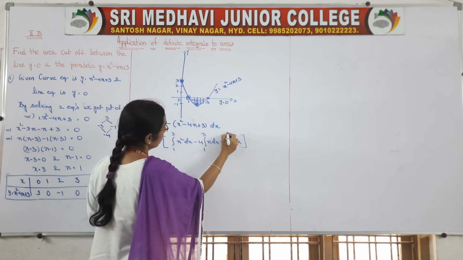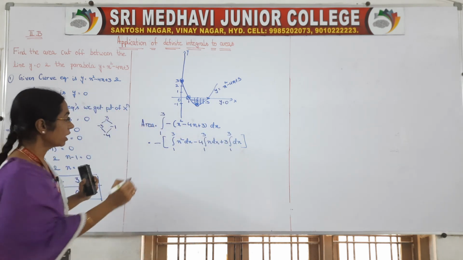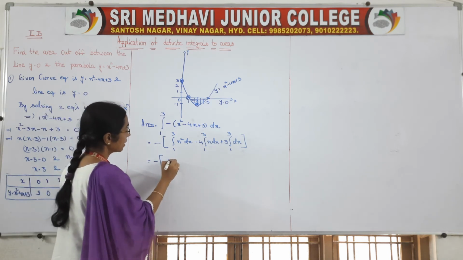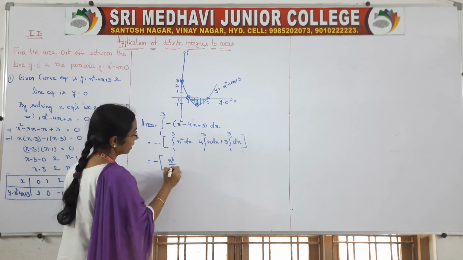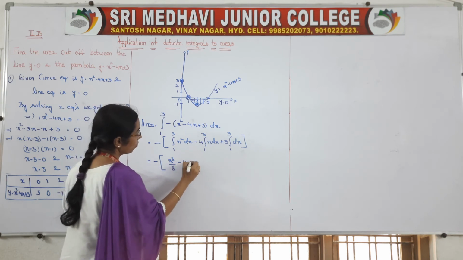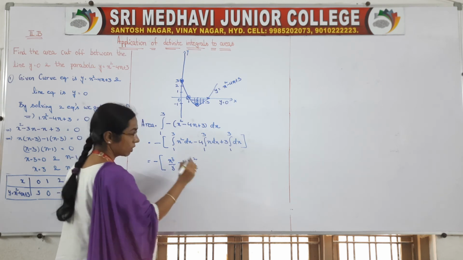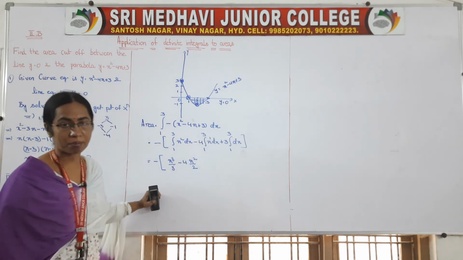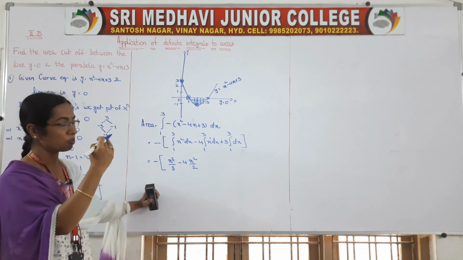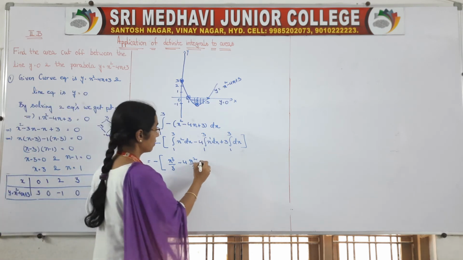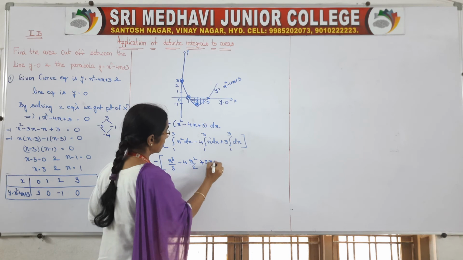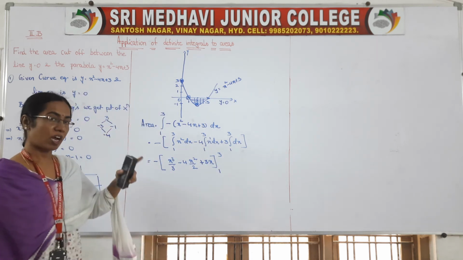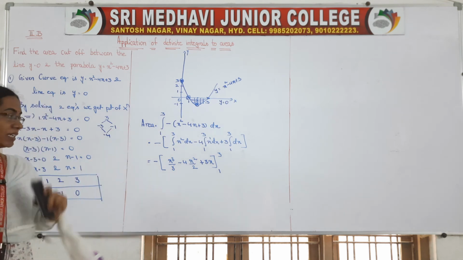So it is equal to minus of x cubed by 3 minus 4 into x squared by 2 plus 3x. These are normal integrations of the x to the power of n form: the integral of x to the power of n is x to the power of n plus 1 by n plus 1. After the completion of integration, we have to write the limits on the right side.